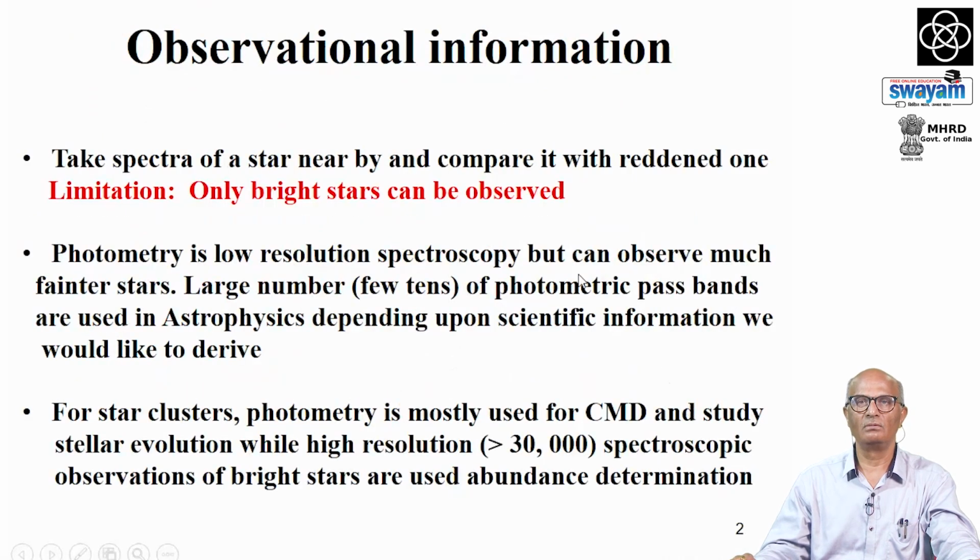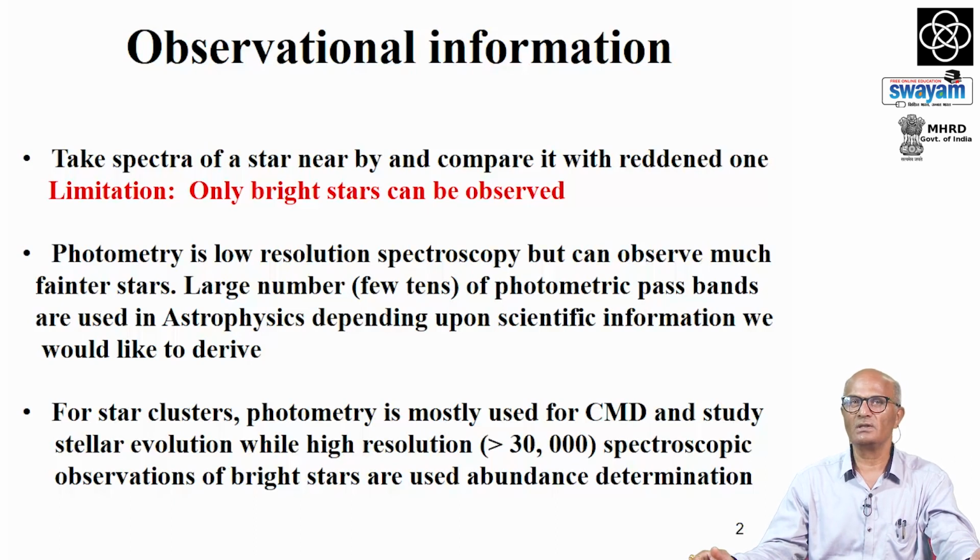Now, I will explain how we are going to use these techniques with the observations that are available when we observe any star cluster. The ideal thing, to know the distance and reddening of an object or star, is to take its spectra, and then compare that spectra with the spectra of a star which is very nearby.